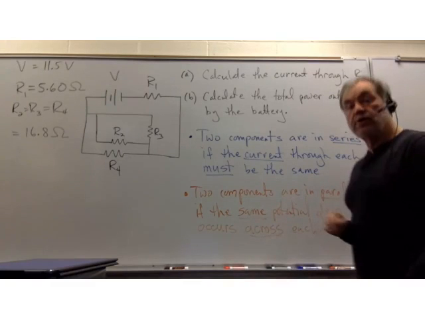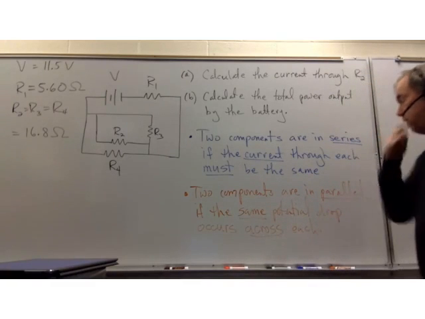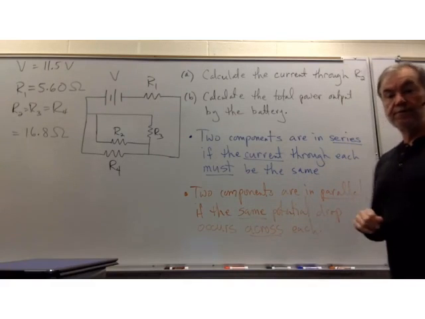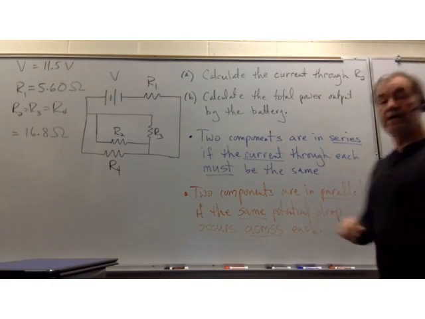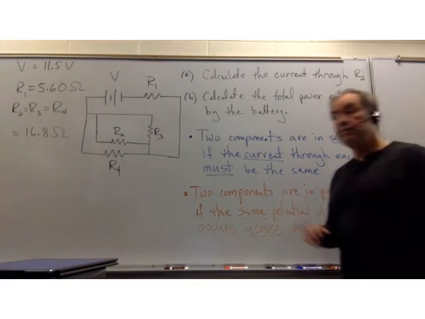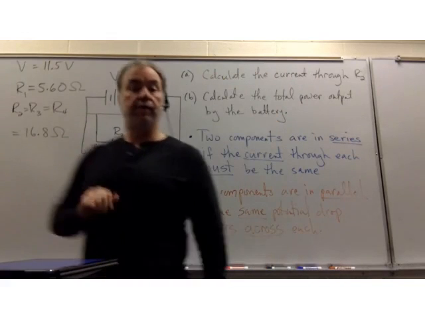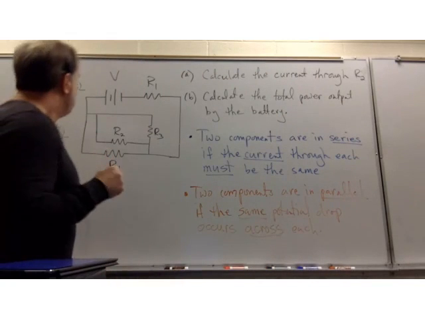So those are our touchstone rules. Those are how we evaluate whether objects are in series, whether they're in parallel. And it's entirely possible, by the way, for two components to be neither in series nor in parallel. So let's take a look.